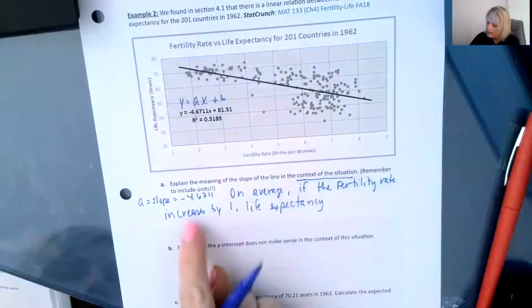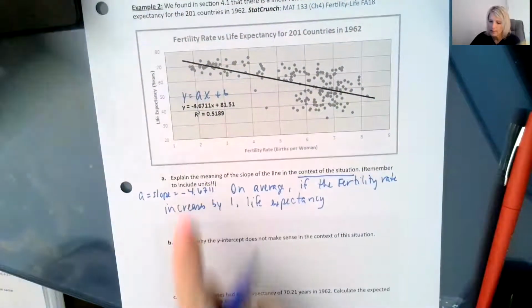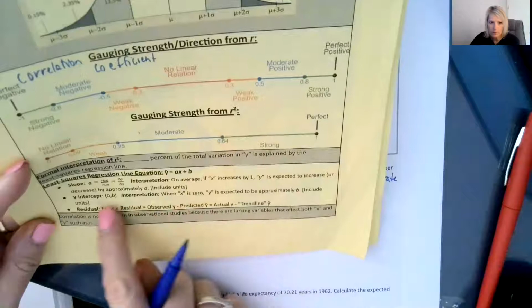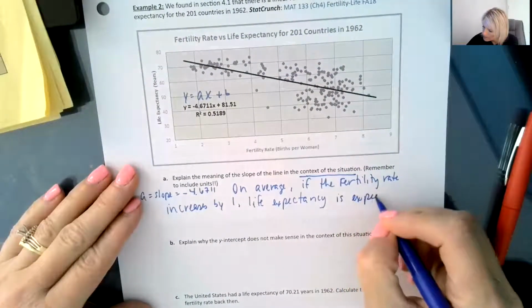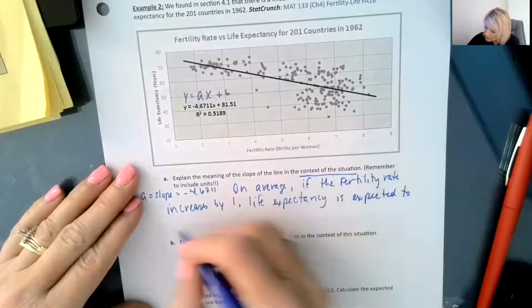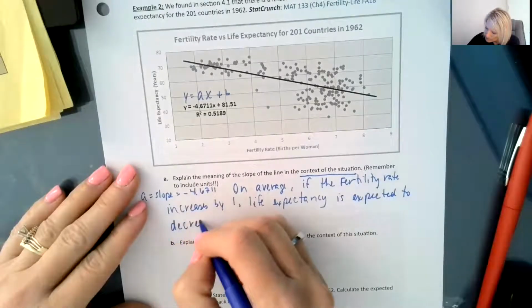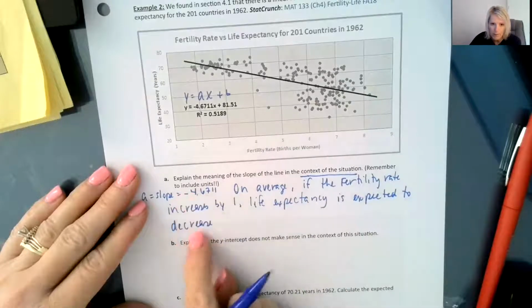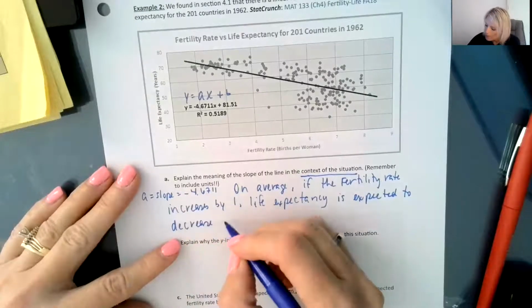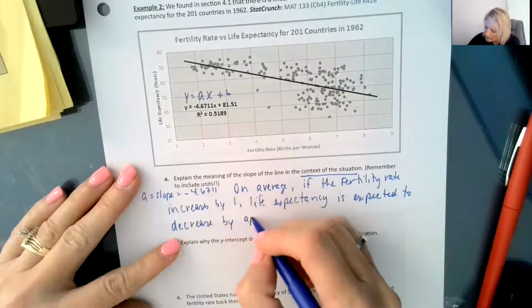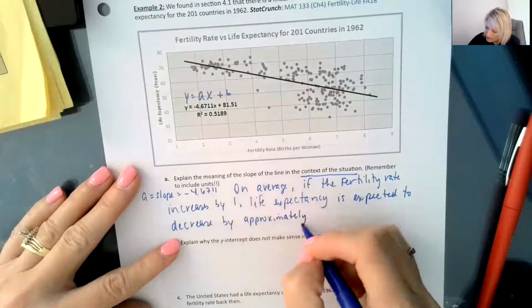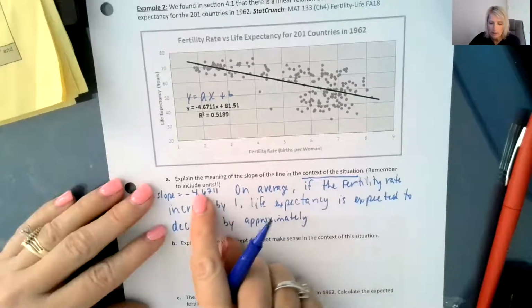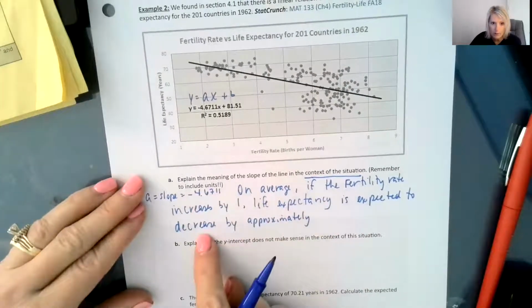is expected to, and mine is a negative, so I'm going to use the word decrease. Is expected to decrease, again because my slope is negative, by approximately, and then whatever my slope is. You're not going to write negative because we've already used the word decrease to talk about negative.